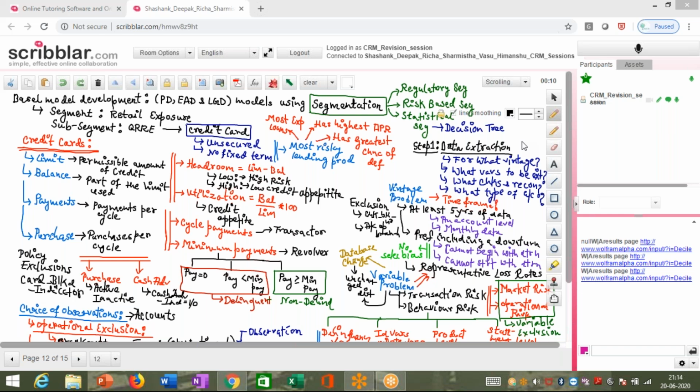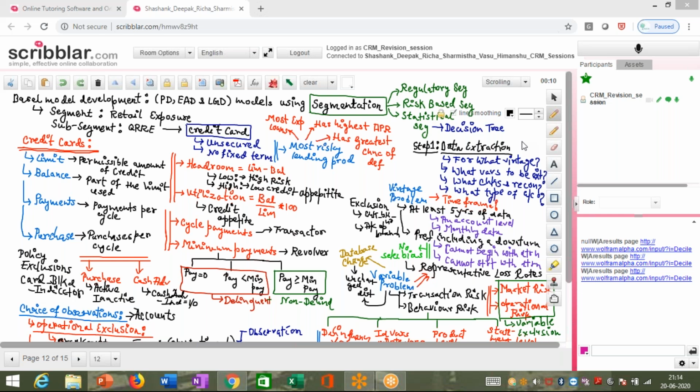What variables should be extracted? What should be the type of accounts that should be extracted? What are the checks and reconciliations? So these are the four questions to which we have framed the answers, right? For each of them, we have the respective answers that we had discussed yesterday.